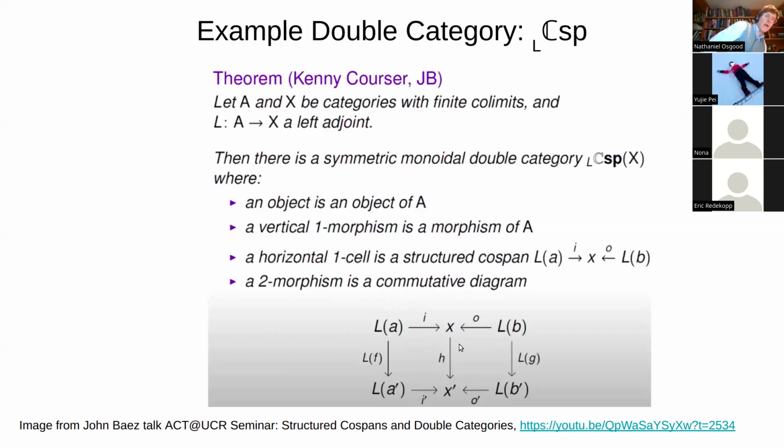So in other words, here we have structured cospans as the pro-arrows. We have vertical morphisms between A, which map from feet to feet. These are cospans where this apex is an X, right?